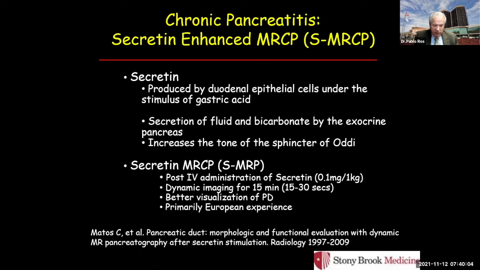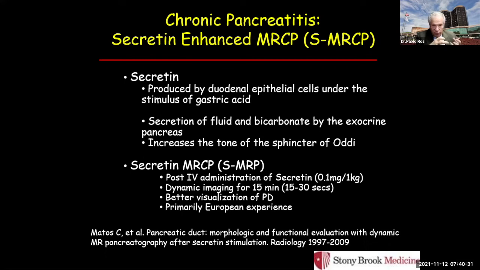I want to finish in 5 minutes, if we take as much, about something that in some centers is requested. Gastroenterologists like it, which is the so-called SMRCP or secretin-enhanced MRCP. Secretin is a normal hormone produced by the duodenal epithelial cells under the stimulus of gastric acid.